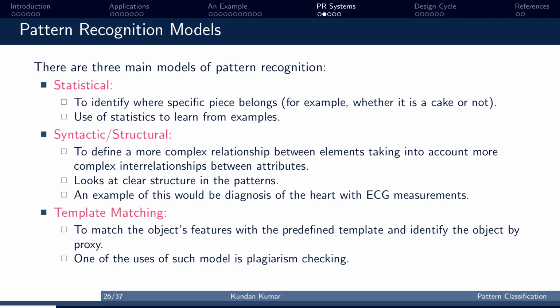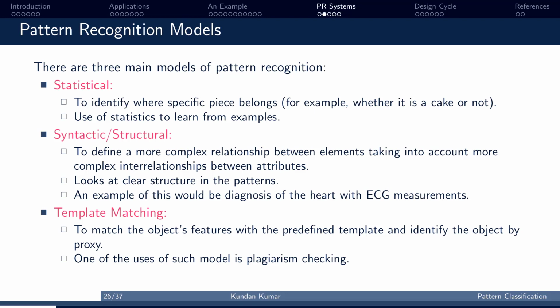We can have many other applications where we can apply the structural pattern recognition model. For example, in the case of a 1D signal like the ECG signal, the electrocardiogram signal is a 1D signal, and you know that it is a periodic signal. In this signal, there are features like the PQ segment and RS segment, that means there are some peaks and troughs. We need to detect those peaks and the distance between them, which is defined as the PR segment or QRS segment.